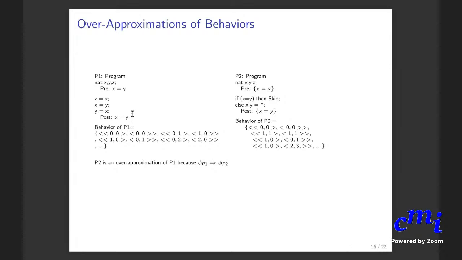So with respect to that expected property, the program P2 behaves the same way as P1. That is, as long as the inputs are equal, the two programs behave the same way.